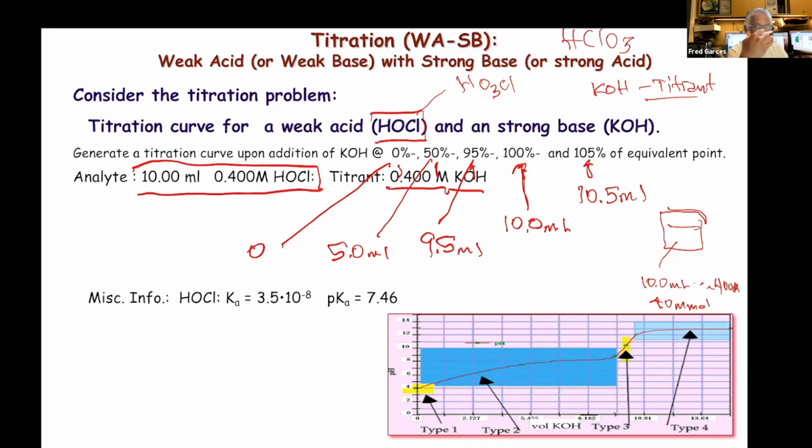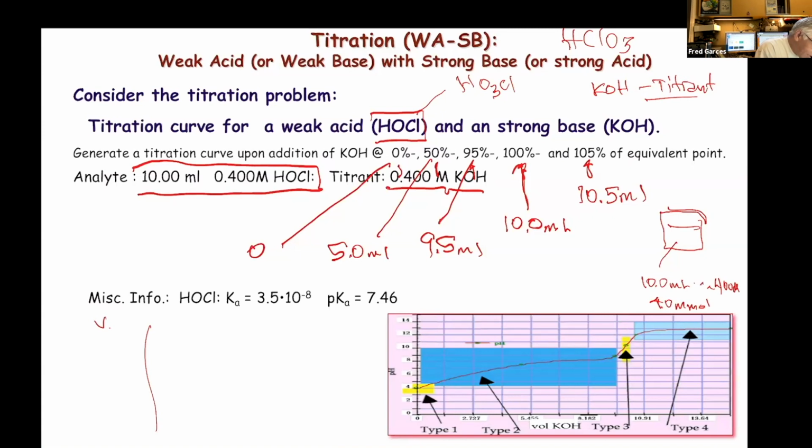So you just figure out what the equivalent volume is for your titrant, because that's 100%. And then if the question is, what is the pH at 75%? Take 75% and multiply by the volume at 100%. That'll give you the volume at 75%, okay? So this problem is not so difficult, because then I would need to know the pH.